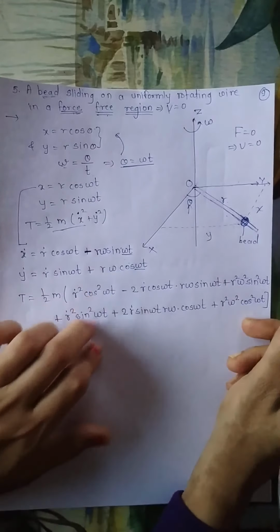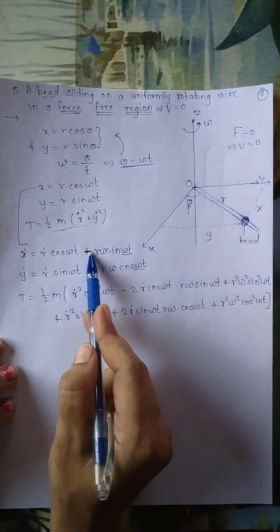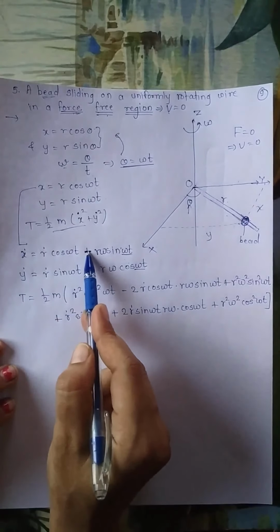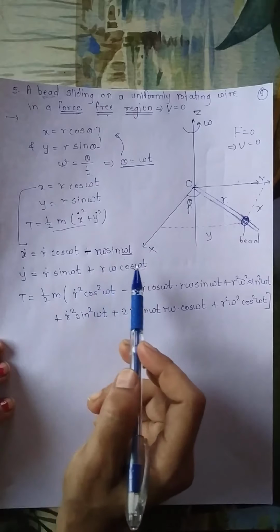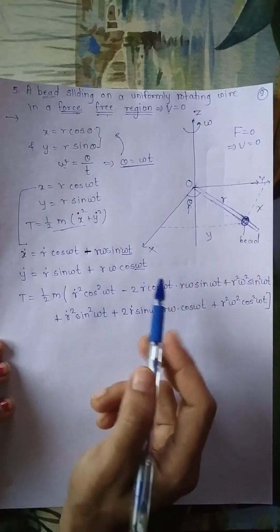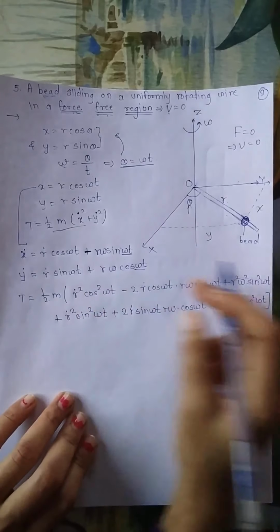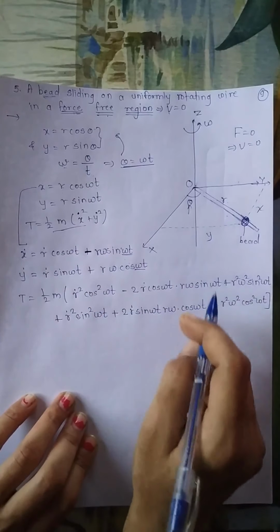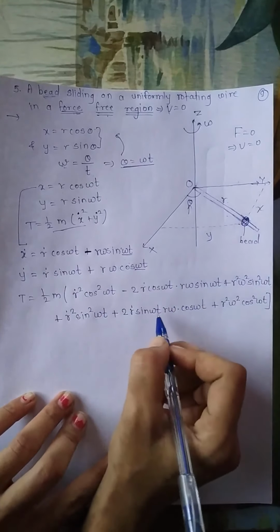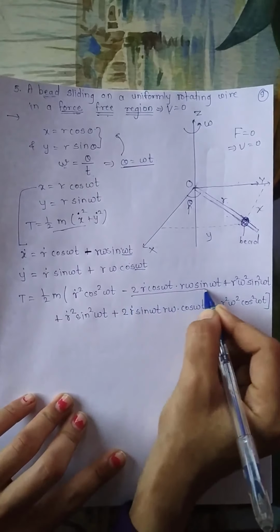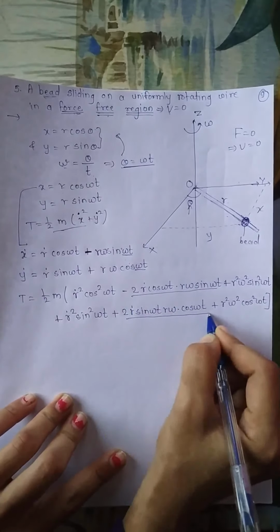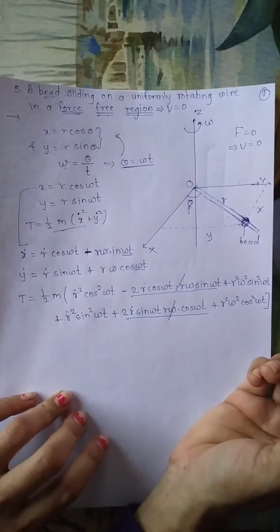In the book they have taken this positive and they have directly written the squares of x dot and y dot and their addition as these two terms and these two terms. So indirectly they have written those steps. If you observe these two terms, they are equal and opposite in sign, so they get cancelled.